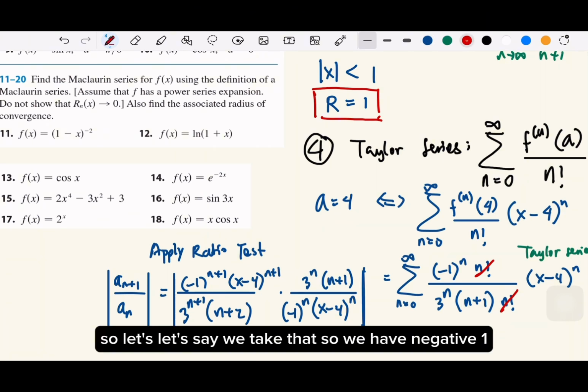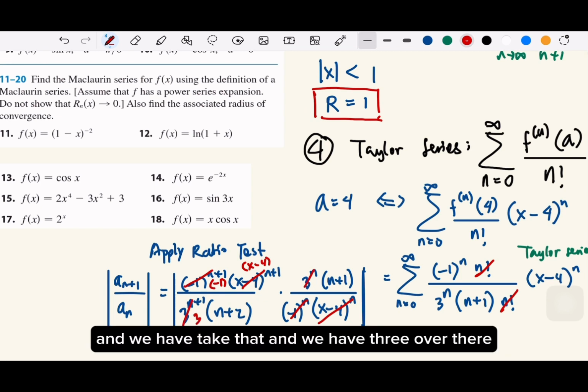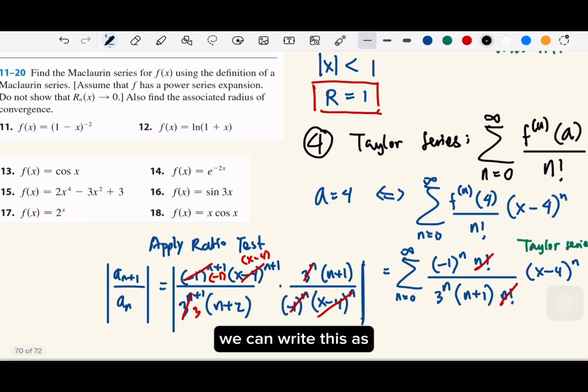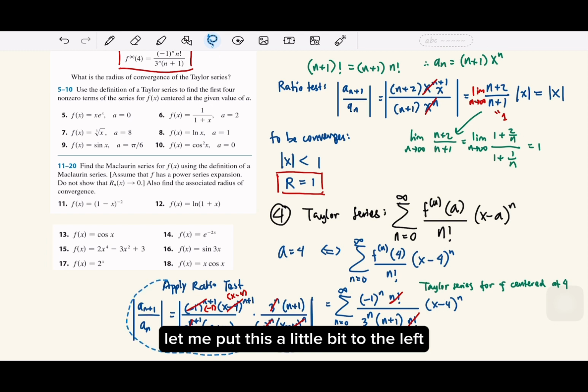So let's say we take that, so we have negative 1, and then we take that, and we have x minus 4, and we have 3 over there, and then done. We can write this as, let me put this a little bit to the left.